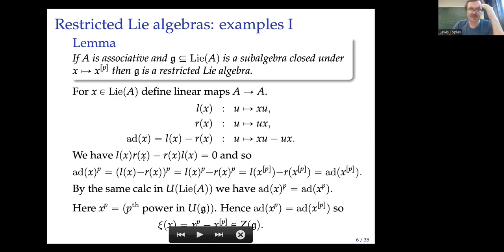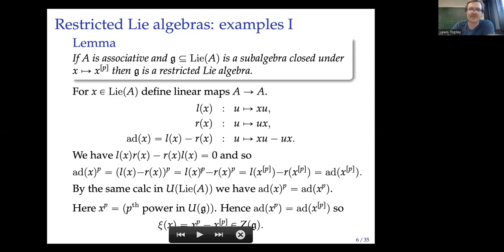We consider ad x. This is an endomorphism from A to A, just a linear map. Its pth power is also a map from A to A, and this is equal to this expression here by the definition above. Because of the binomial theorem and the vanishing of binomial coefficients in positive characteristic, we learn that it's equal to this expression.